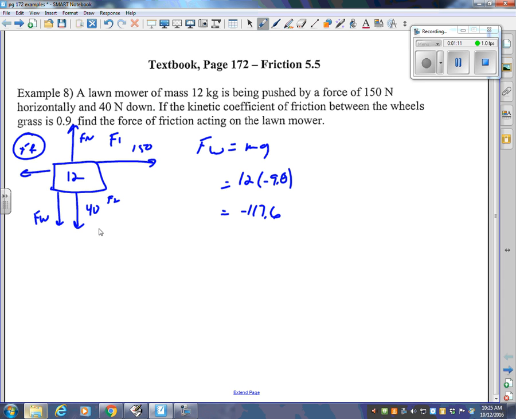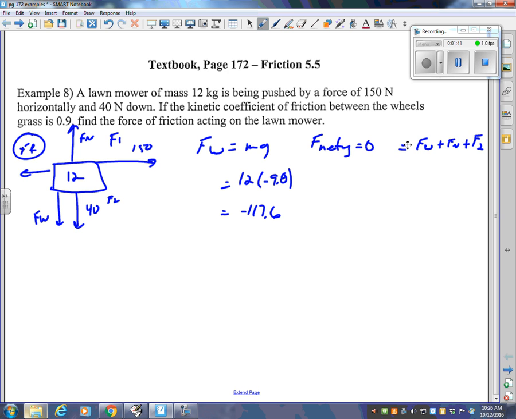The way I showed you how to do this the other day was to say that the F net y is equal to 0 because it's just sitting on the ground. It's not accelerating up or down or anything, right? And that's made up of weight force plus normal force plus this F2. I just went through it, Hannah, and you weren't watching. Okay? F net y. You've got to stay with me, Hannah.